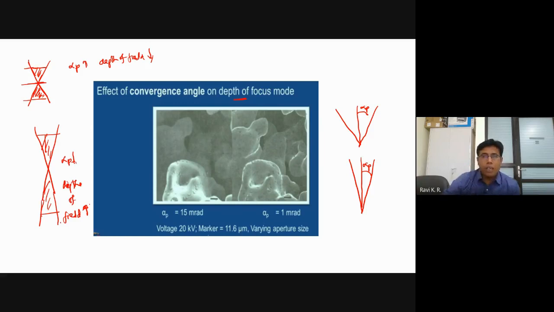So this one has the higher convergence angle, and this one has the lowest convergence angle. It's very clear that this sample is going to have the better depth of field, because this is the depth of field that we are talking about. So the depth of field region is increasing because of the convergence angle.